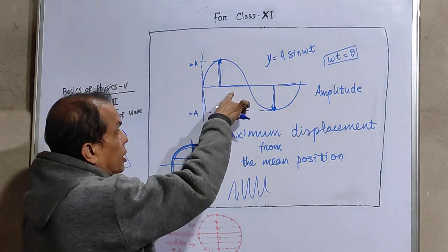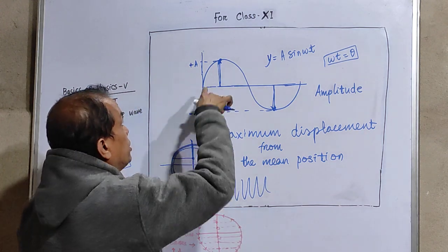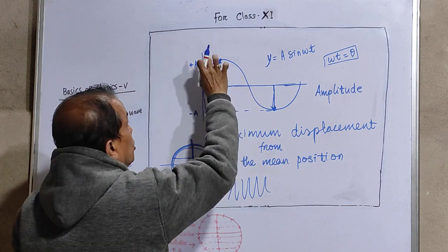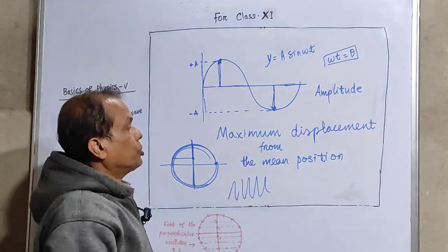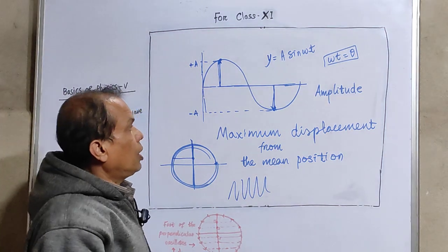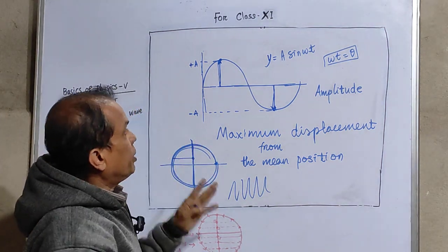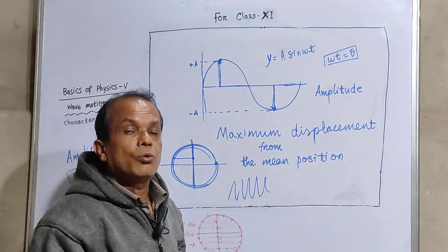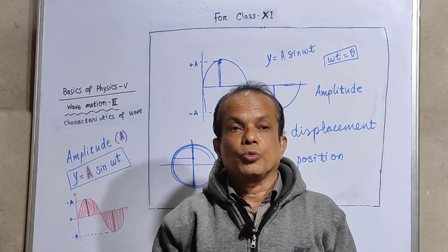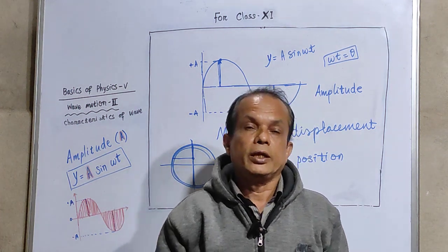So in case of transverse wave motion, we can see this oscillation like this. This is going up, this is coming down. So the maximum displacement from the mean position becomes the amplitude of a wave, and this is very helpful to understand waves, and this is our amplitude. Thank you for listening so nicely.